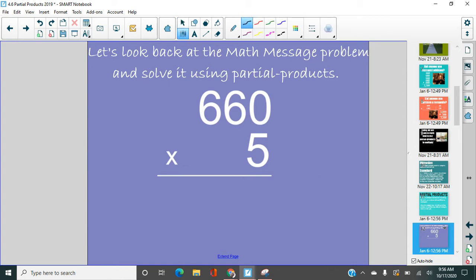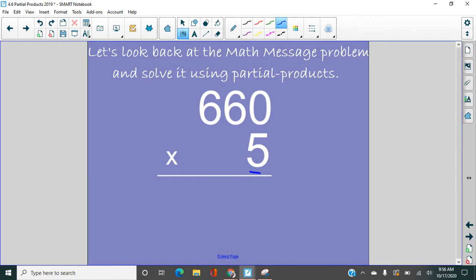So if we had 660 times 5, we're going to start with this 5 and multiply times the number right on top of it. So 5 times 0 equals 0. Now, I'm going to put some space here, and I want you to do the same when you start doing these on your own paper, because this is the ones place, and we're going to have some bigger numbers as we keep going.